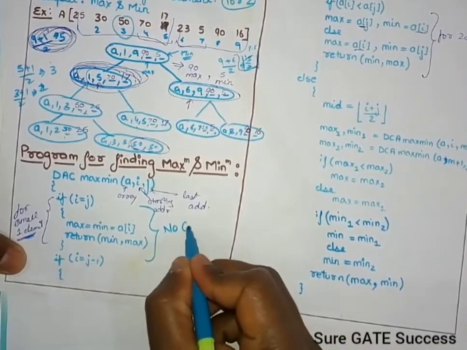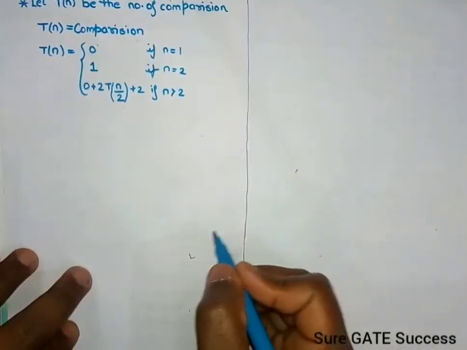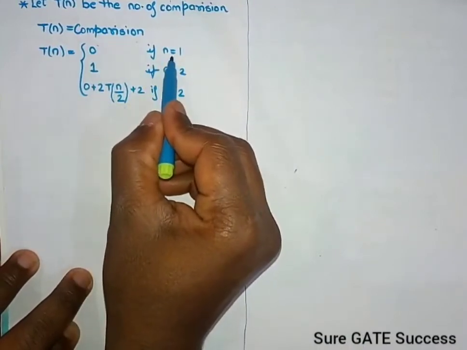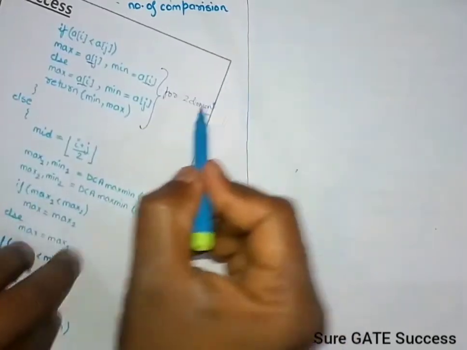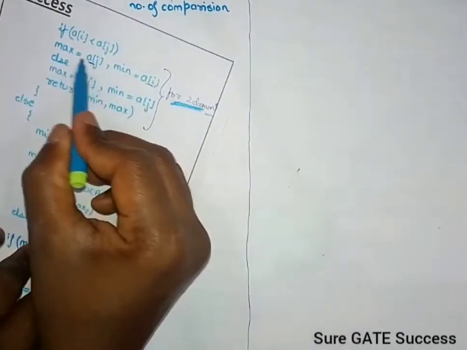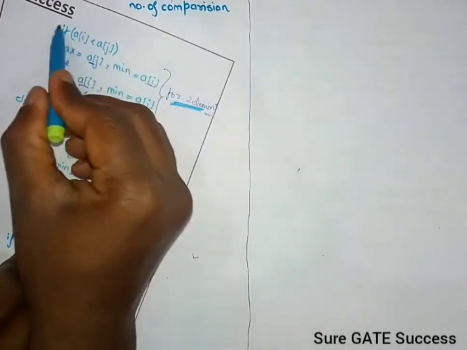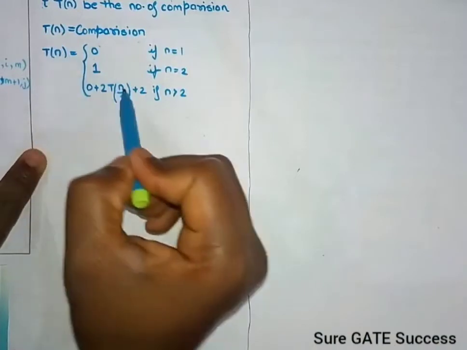No comparison. If there are two elements, there is a comparison. How many comparisons are there? Only one.